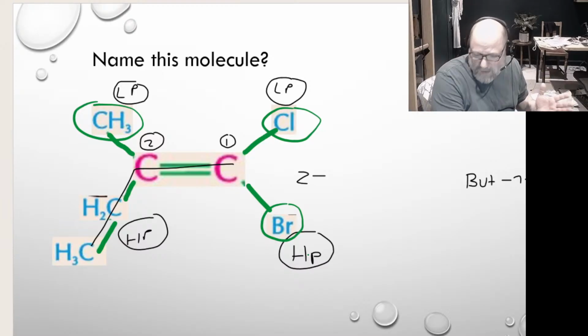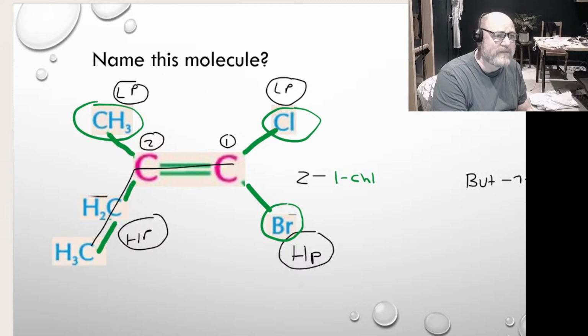Okay, so the proper name for this now, guys, would be Z, what are we saying, 1... Oh my gosh. No, not 1-chloro, you dipstick. I'm going to type it. By the time I actually write that out, the chances of me getting it right are very small. So let's type it out.